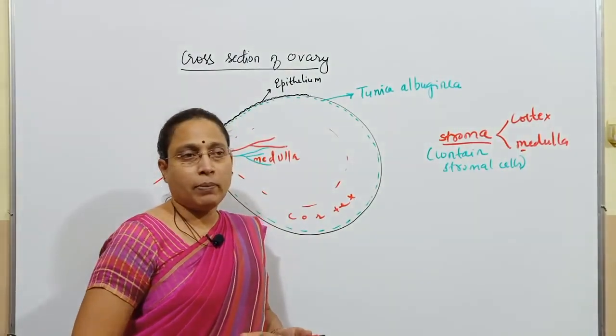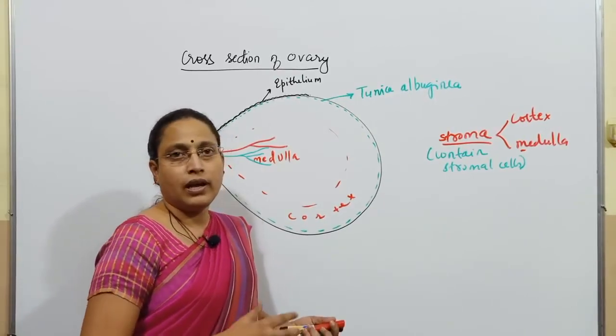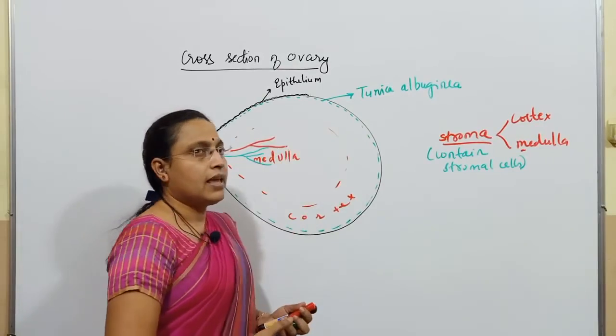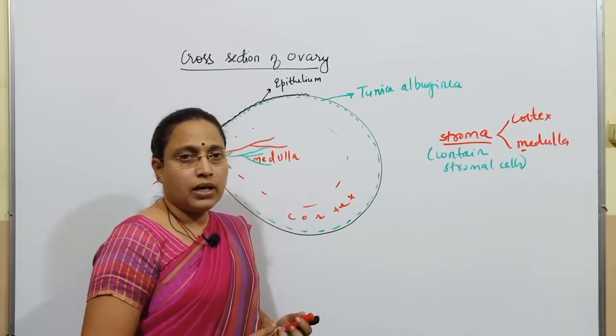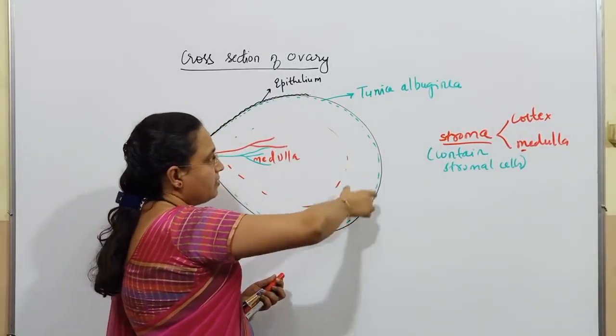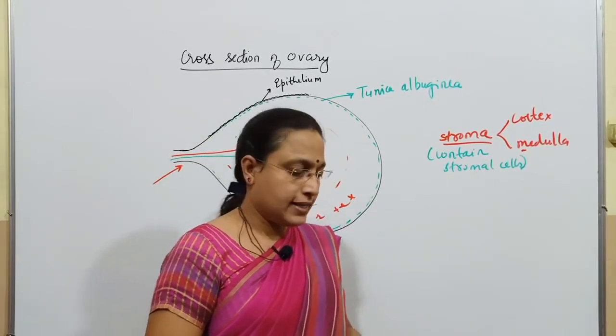Then what development occurs in the cortex, and what development occurs in the medulla? In the medullary region, as such, no follicular development occurs, but in the cortex, follicular development occurs.